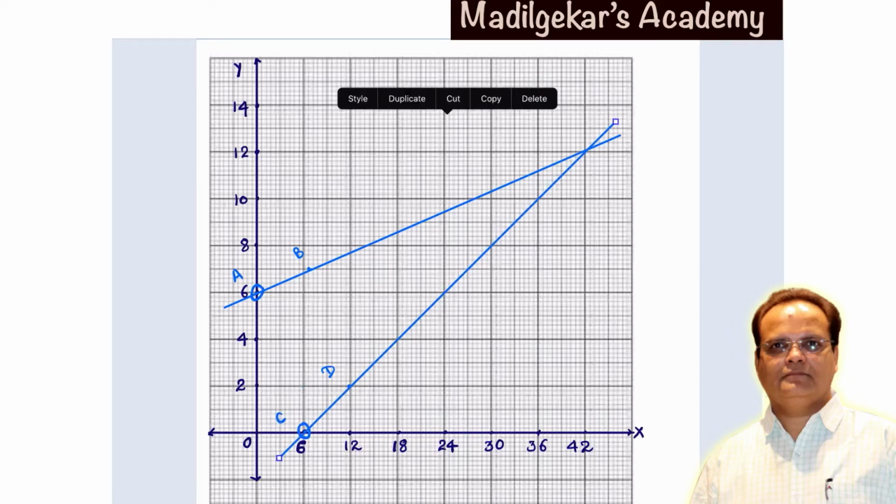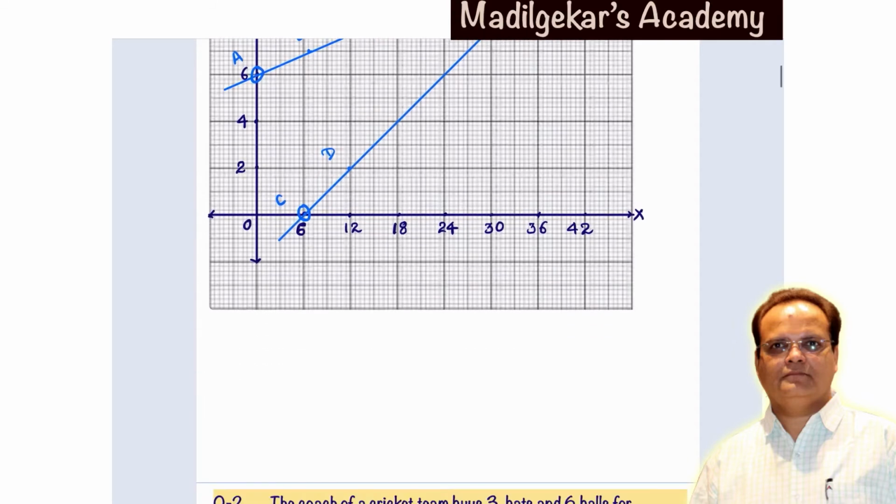So this is the second equation. As you can see, they intersect at (42, 12). So we can write, the two equations intersect at (42, 12).